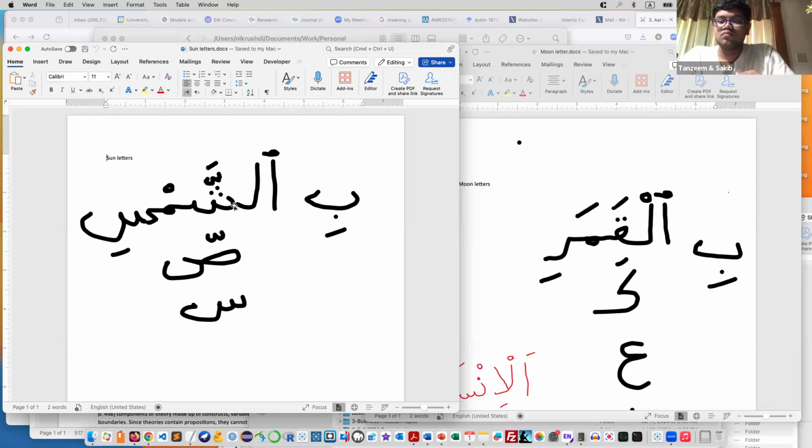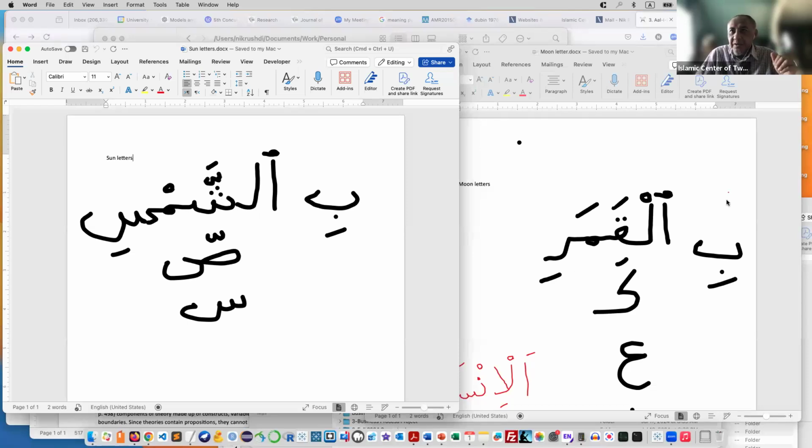But what's the other way of knowing it's a sun letter? Zarif, what do you think? They have the shadda. Yeah, because the shadda here. Remember this shadda here, this little squiggly thing. So that shadda means the sheen is double, right? And so you know that this is a sun letter.